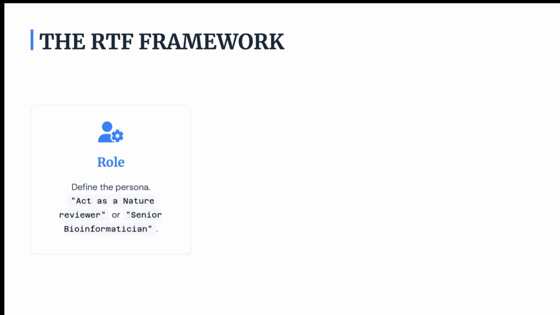Depending on your area of research, you can define the role, and this is important because this gives the AI what exactly we need. The role is important for any prompt. So in any prompt, you should start by assigning a persona to your AI model. And this is the first thing you need to consider.